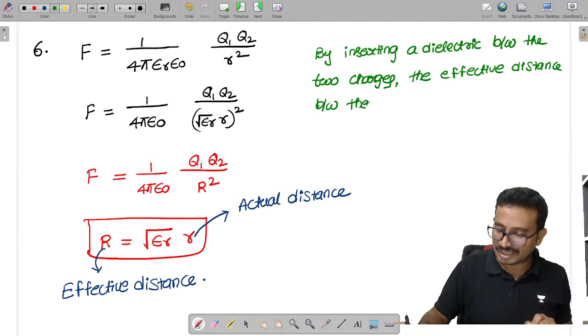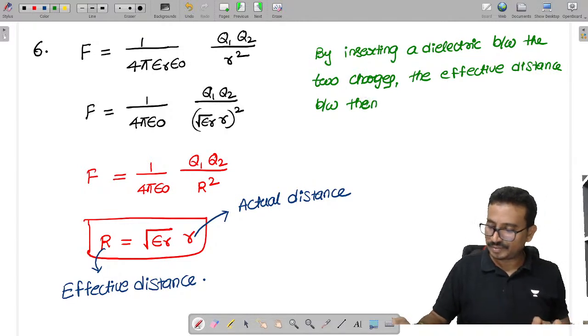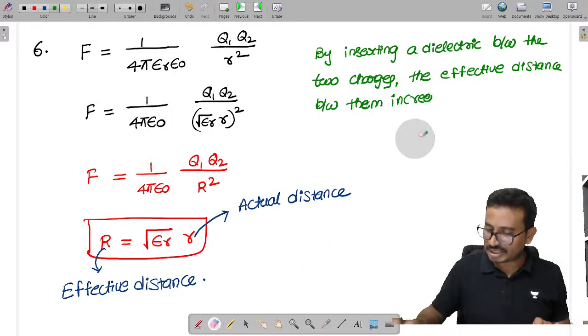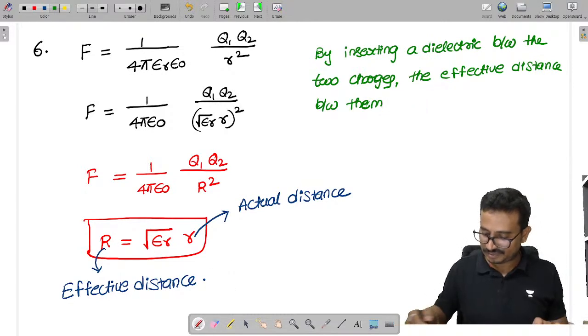Yes, exactly. Since the effective distance increases, that's why the force changes.